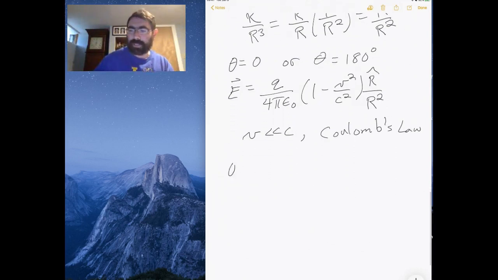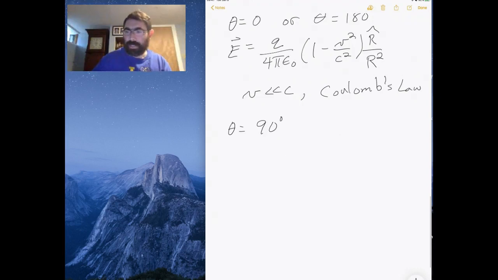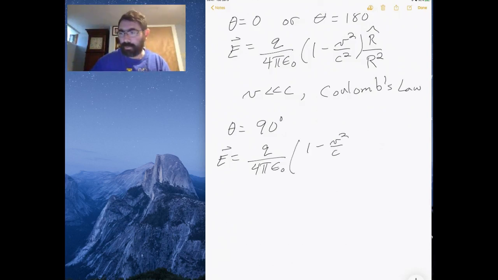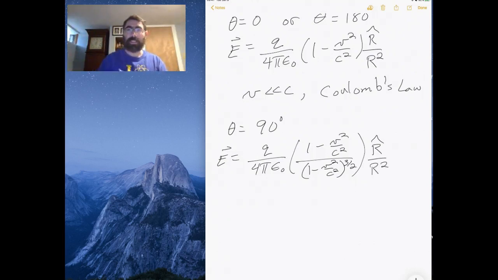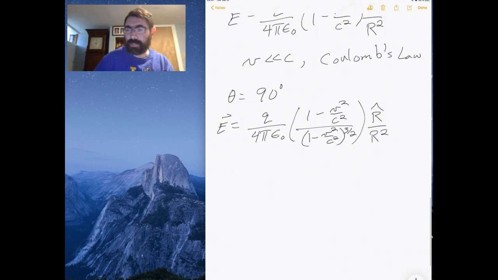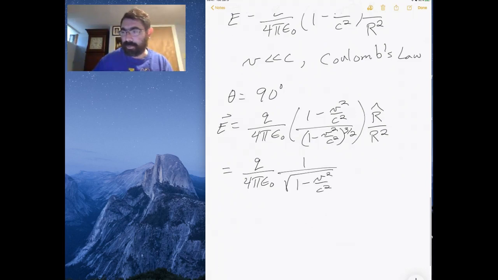Okay, now if we take the case where theta is equal to 90 degrees, now that sine squared of 90 is 1, and what we get is E is q over 4 pi epsilon naught, 1 minus v squared over c squared over 1 minus v squared over c squared to the 3/2 power, like so, which gives me q over 4 pi epsilon naught, 1 over the square root of 1 minus v squared over c squared.